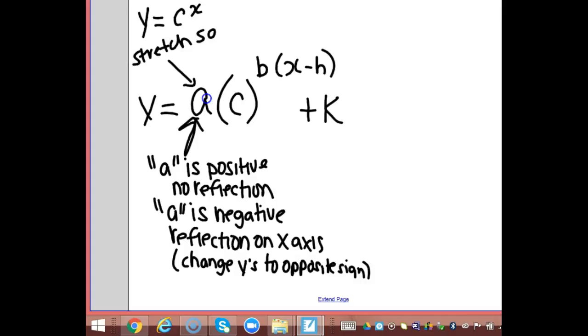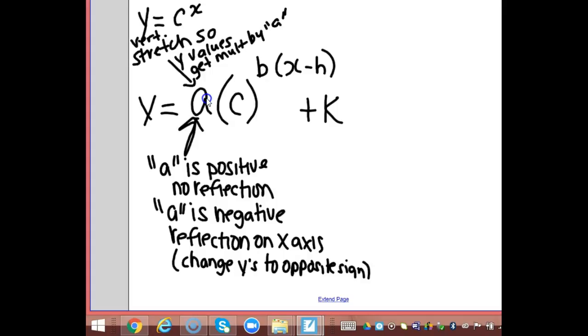Y values get multiplied by A. So if A is 5, then your y values are 5 times the size. And we better call it a vertical stretch. So y values get multiplied by whatever your A value is.